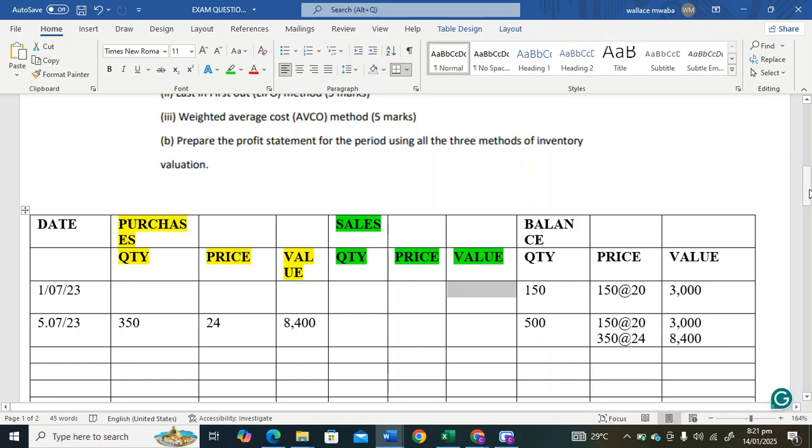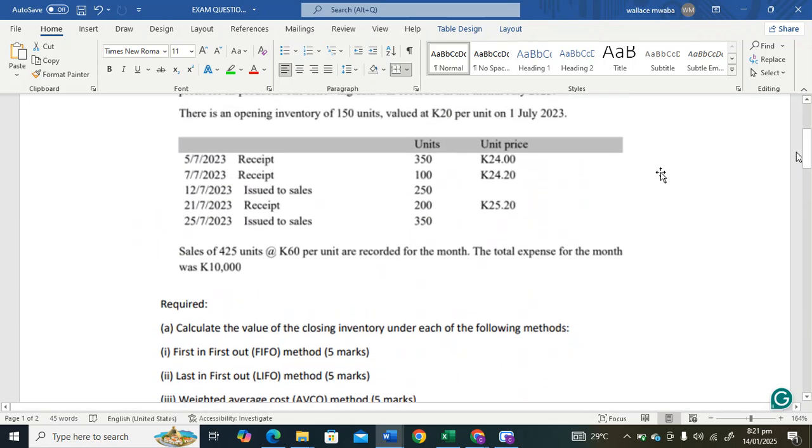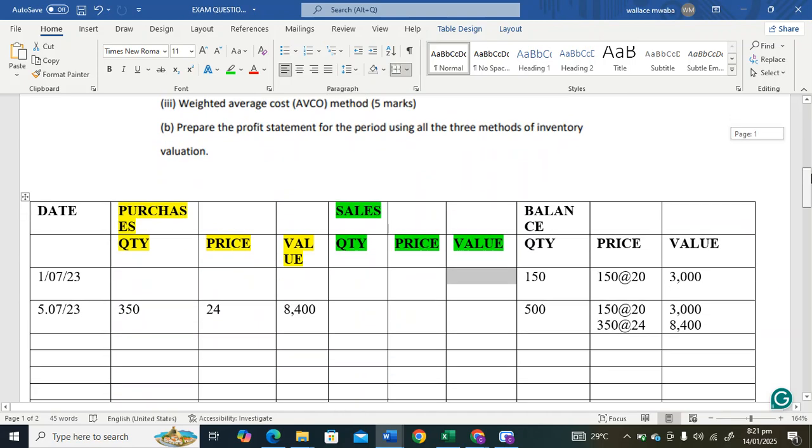Okay. The next transaction on the 7th, we purchased another 100 units at 24 kwacha 20 ngwe.